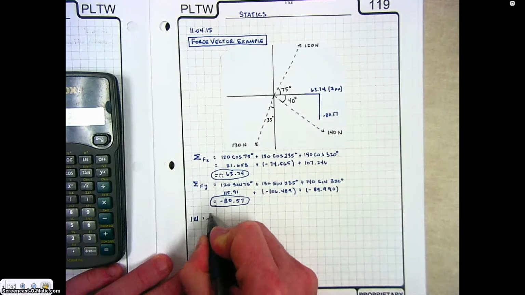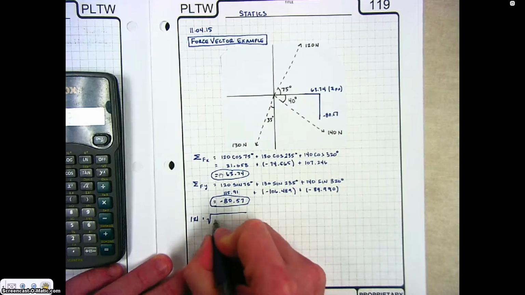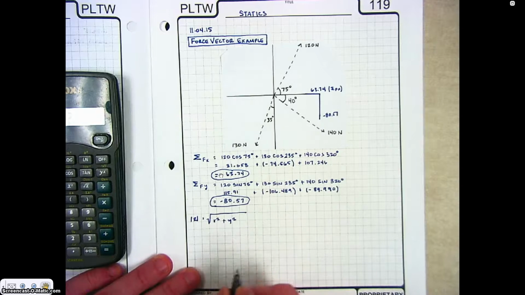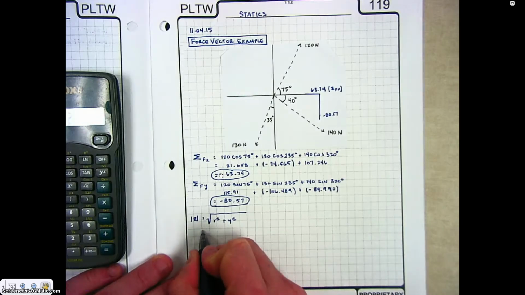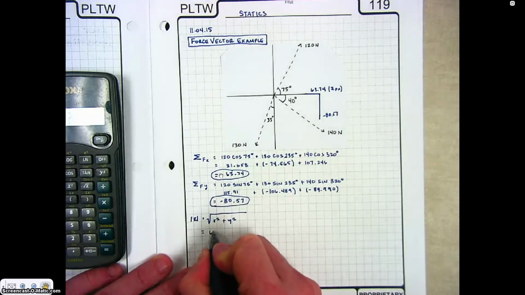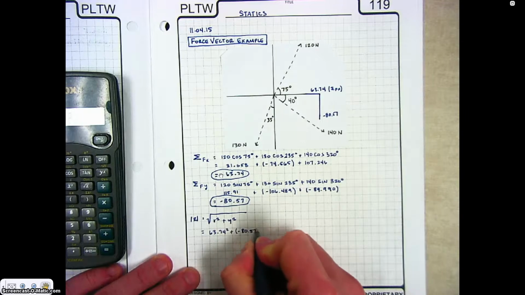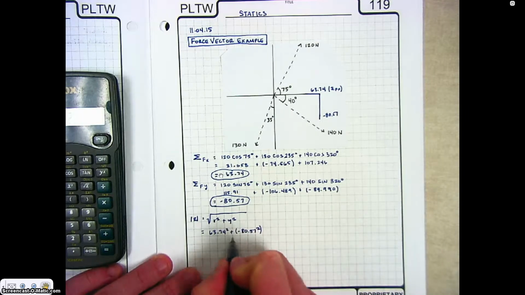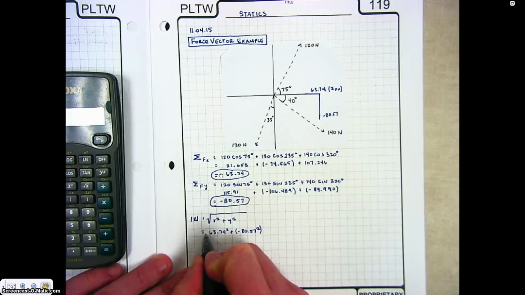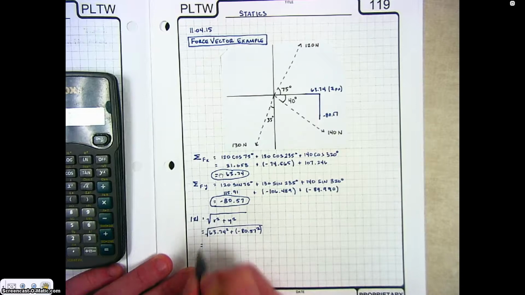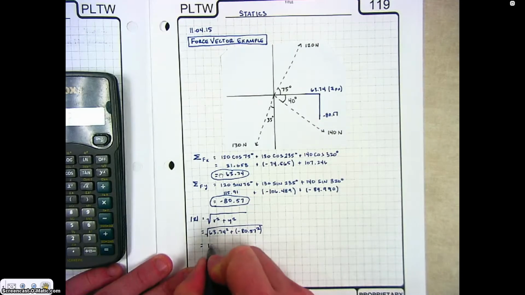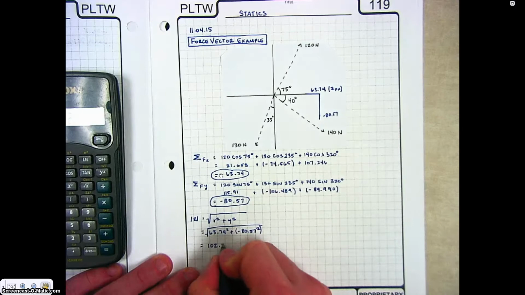It is equal to the square root of x squared plus y squared: 63.74 squared plus negative 80.57 squared, and square root of that. Type it in on your calculator and you get 102.73.